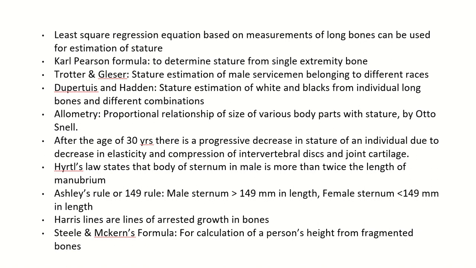Dupertuis and Hadden estimated the stature of whites and blacks from long bones and different combinations. Allometry is the proportional relationship of the size of various body parts with stature. It was discovered by Otto Snell.